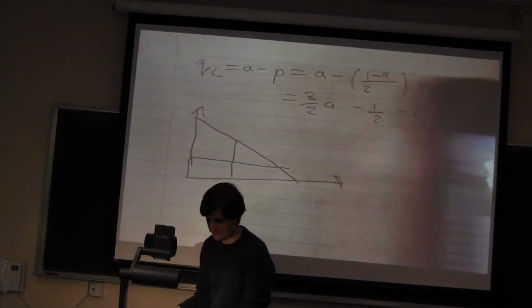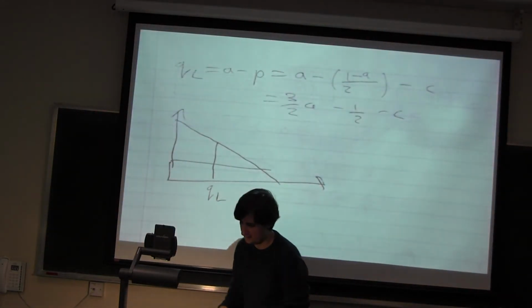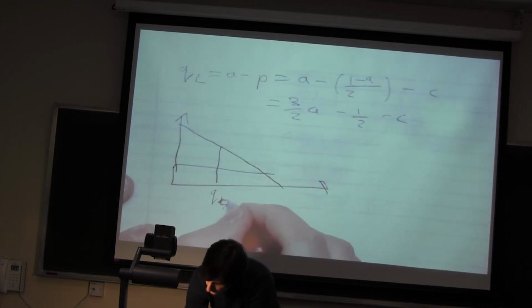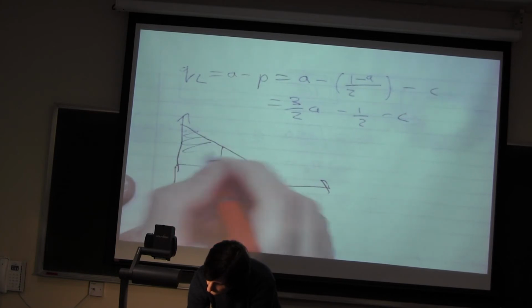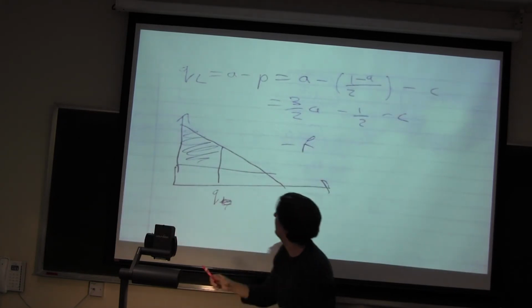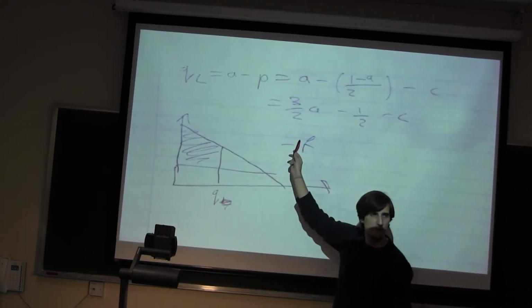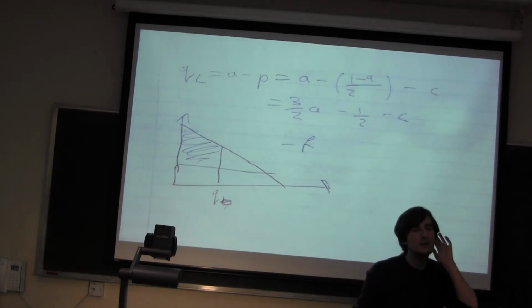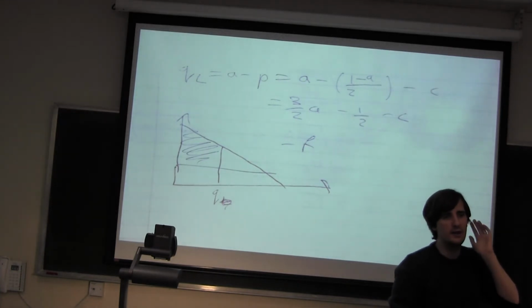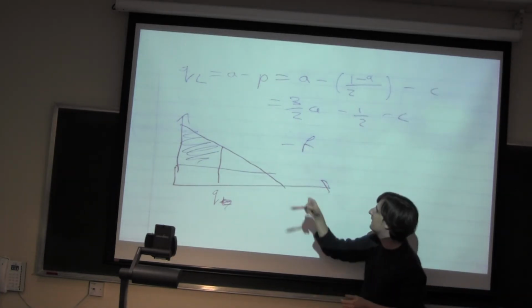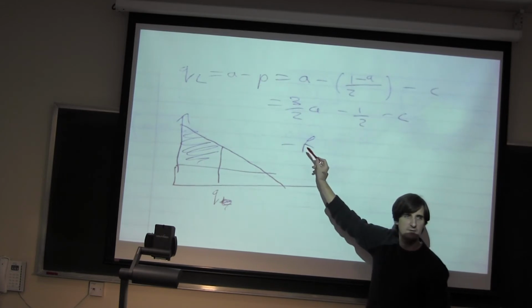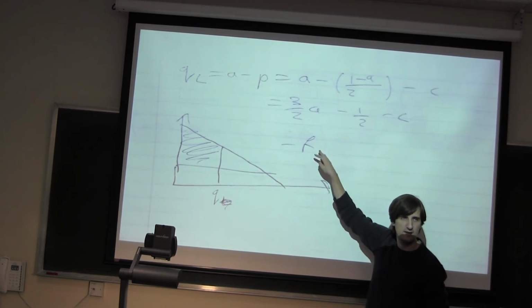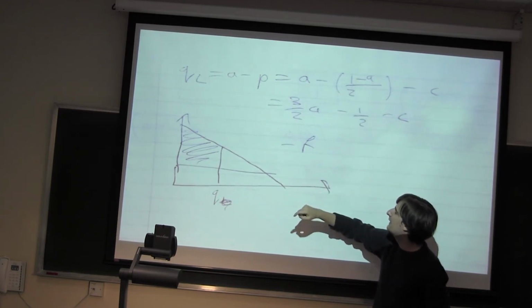Their surplus, if they consume some quantity Q, always looks like that area minus F, the F they pay. The F they pay is the same whether or not they pretend to be a high type or a low type. The F is the same for whoever's buying the good.